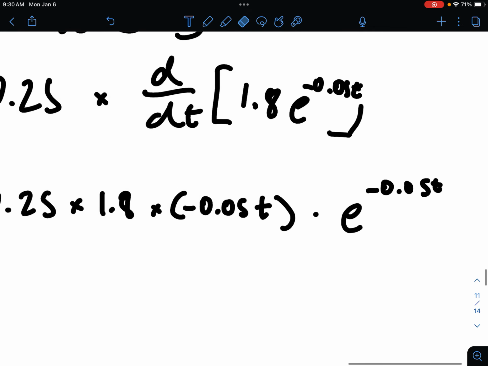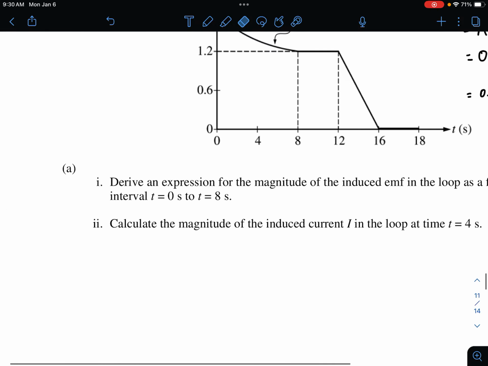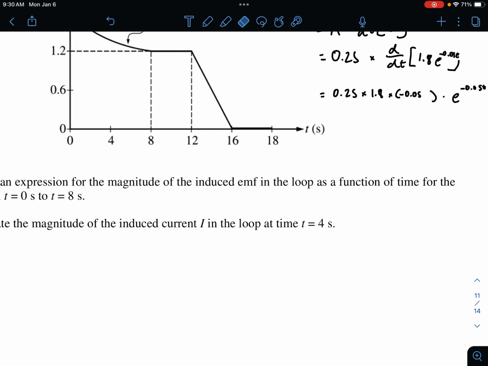I went on autopilot for a second thinking about the negative sign, and then I completely forgot I added a t there. If you multiply those, you get the induced EMF as a function of time. You can let go of the negative because that deals with the direction, clockwise or counterclockwise, so don't worry about it.